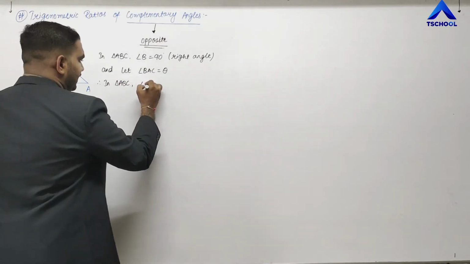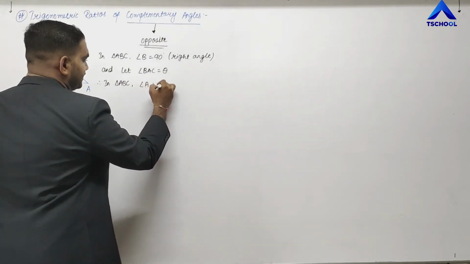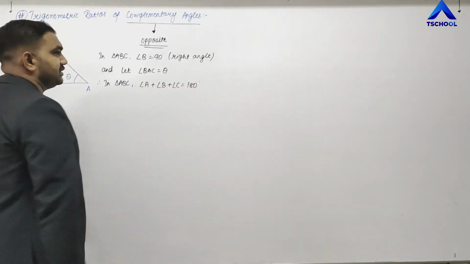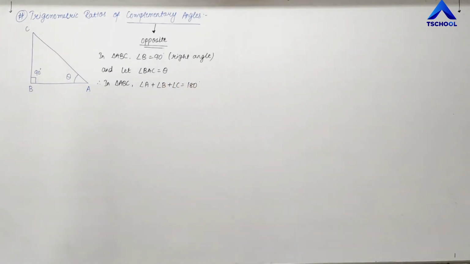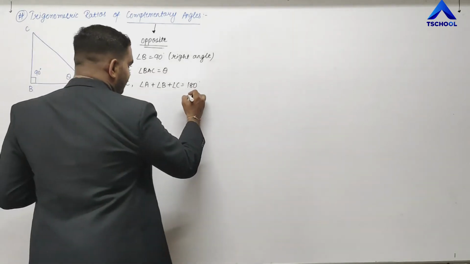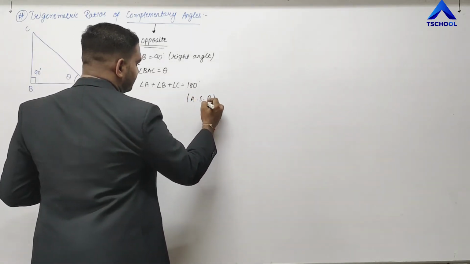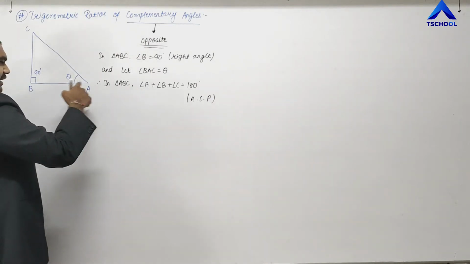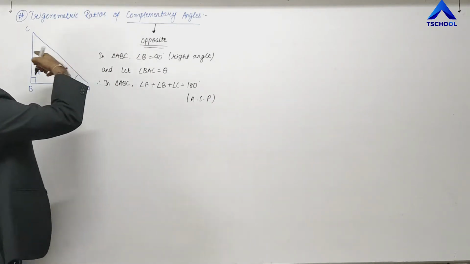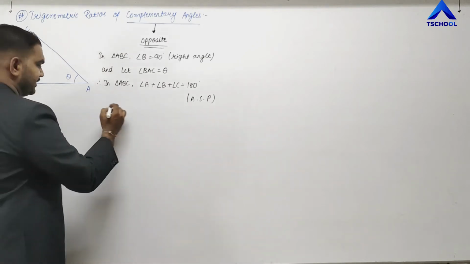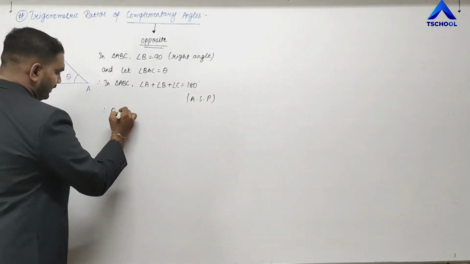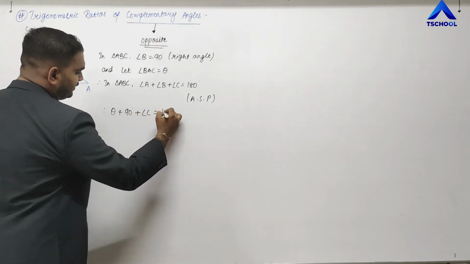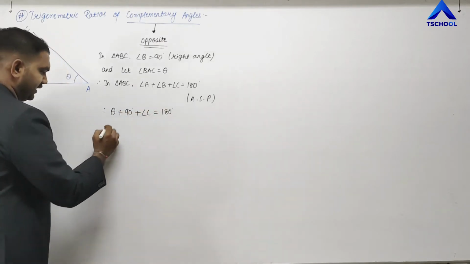ABC, angle A plus angle B plus angle C is equal to 180 degree by the angle sum property, ASP. Right? Angle A that we have already taken as theta, angle B is 90, so can we get angle C? So let us see. Therefore, theta plus 90 plus angle C is equal to 180.